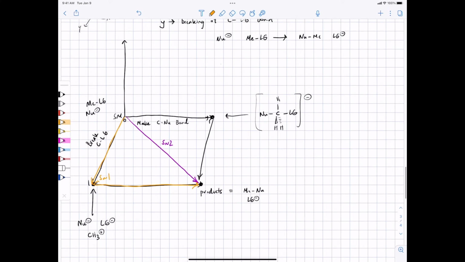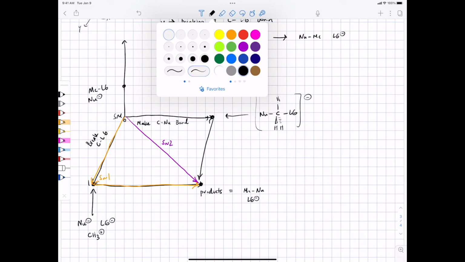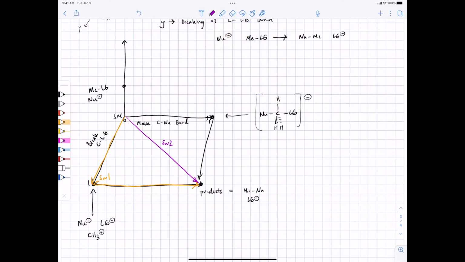So now let's draw in some of the energy changes as a function of reaction coordinate, and let's suppose that our starting materials are here on our y-axis. So what does the SN2 pathway look like, especially for the reaction of the nucleophile with the methyl group?